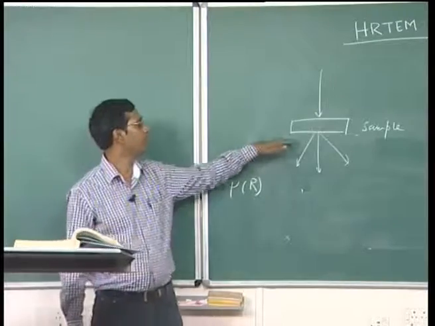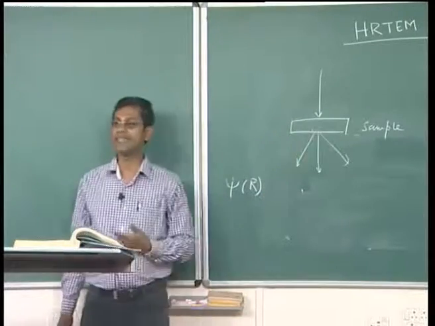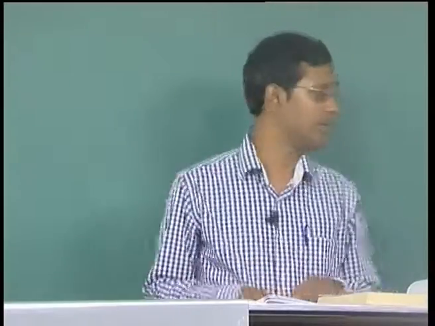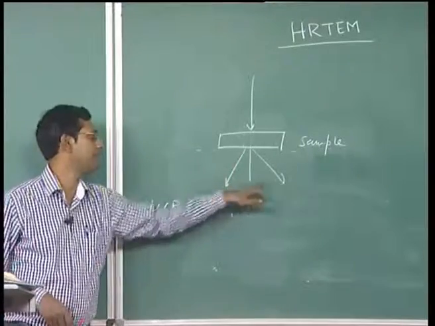So, we can think of the sample as acting as a diffraction grating, and then according to Fraunhofer's diffraction theory, Fraunhofer being one of the scientists who worked tremendously on diffraction theory, the complex magnitude of the diffracted wave is in the direction wherever the electron beam is going. This diffractive direction can be given by a certain value of the reciprocal vector.